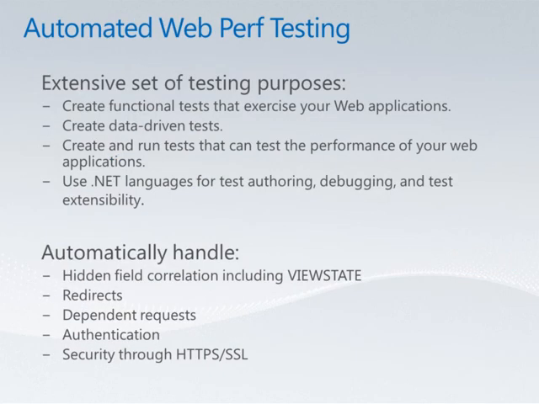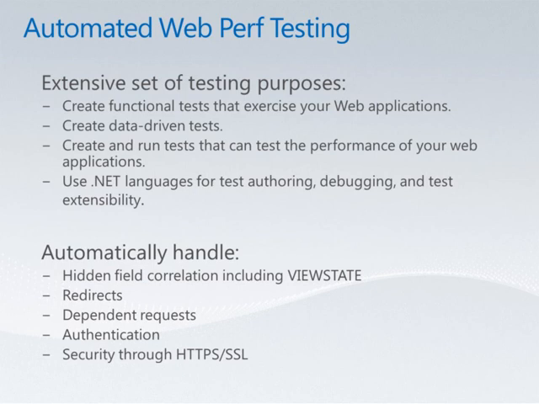So another type of automated test case that we support in Visual Studio is web performance testing. Again, web performance testing is all about testing the performance of the web server. So we're actually monitoring IIS, pulling back statistics on how quickly pages are being sent back, what our response times are, and whether we're throwing any errors.